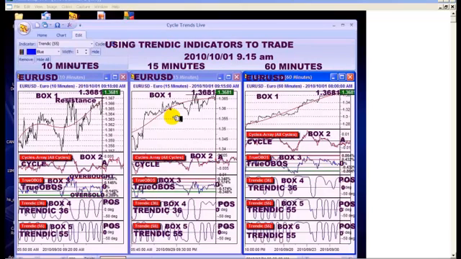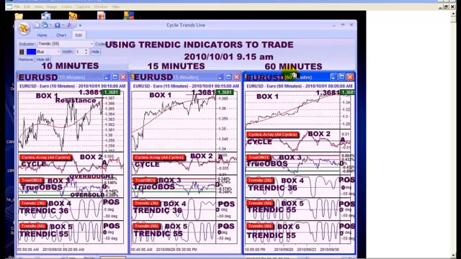So in these 3 periods, as I showed you in the example, we have 5 boxes, and in each period we would have the price line in the first box, then the cycle box, then the overbought oversold indicator in the 3rd box, and in the 4th and 5th box the very important trending indicators.